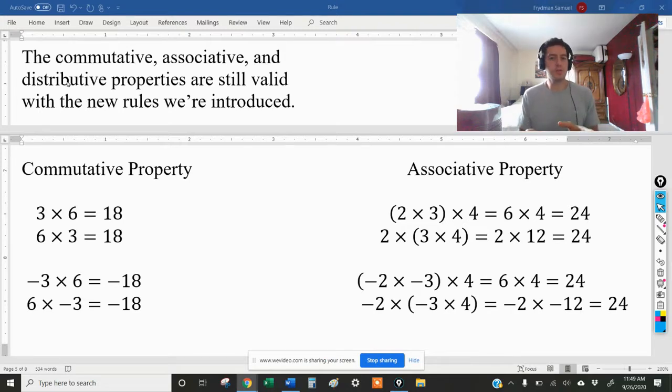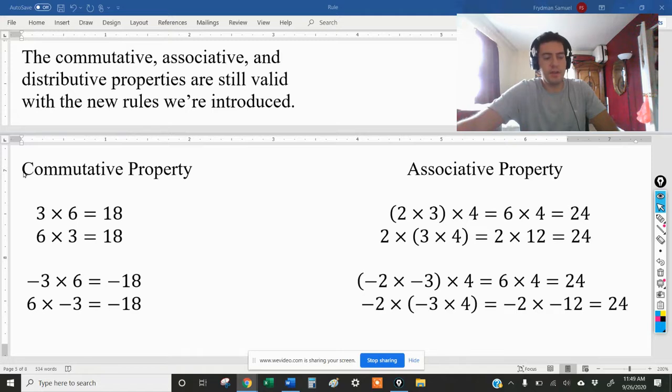But you learned those rules and how they apply to all positive numbers. But now that we have negative numbers thrown in, and we learned some rules for adding, subtracting, and multiplying and dividing with negative numbers, it's a good idea to see if those properties still hold when there are negative numbers thrown in there. Okay? And we're going to see that in this video.